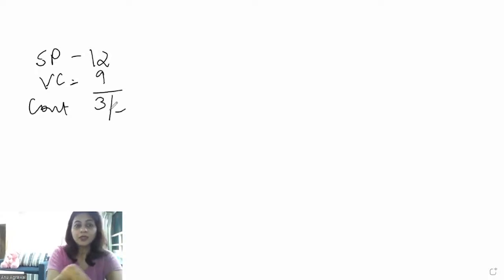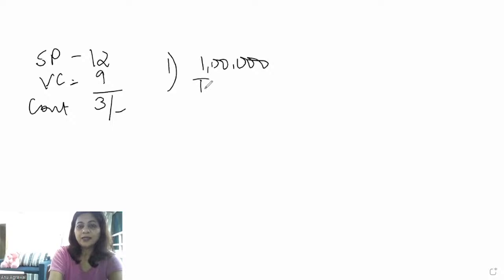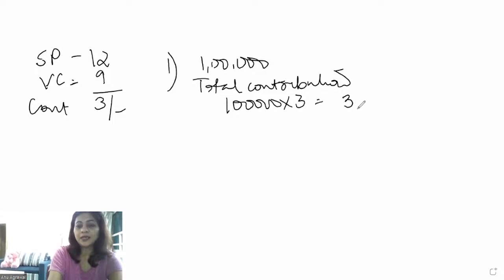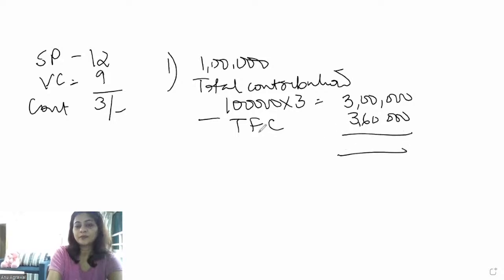Situation 1: if I was selling 1 lakh units, then my total contribution was 1 lakh into 3, which is 3 lakh. Now from this, if I subtract my total fixed costs of 3,60,000, I get a loss of 60,000.